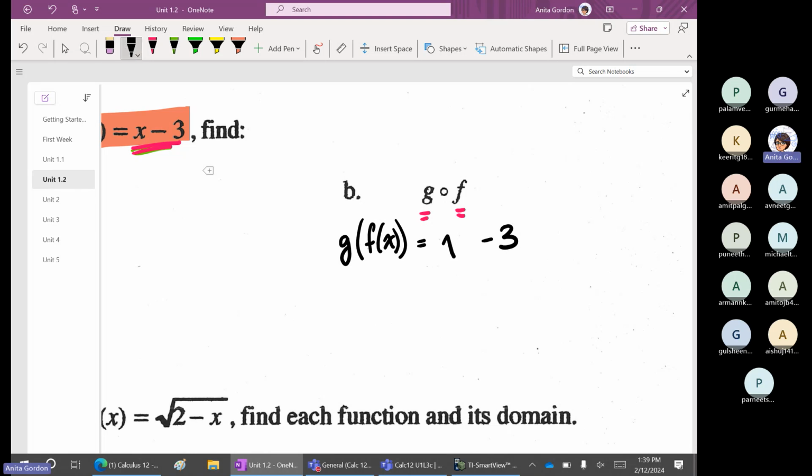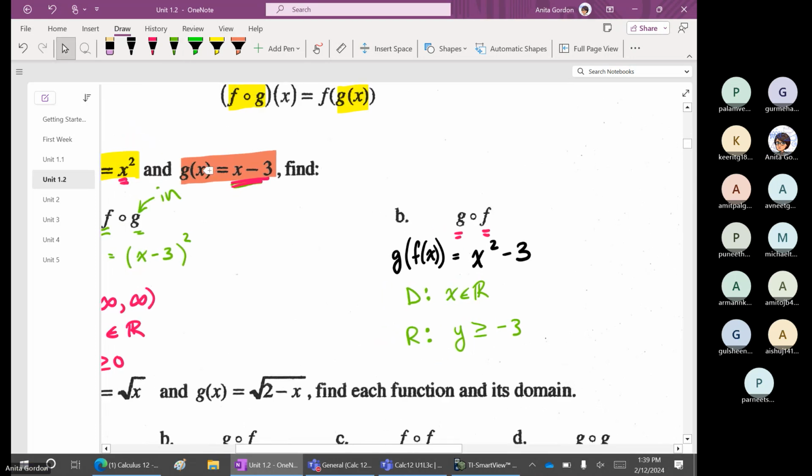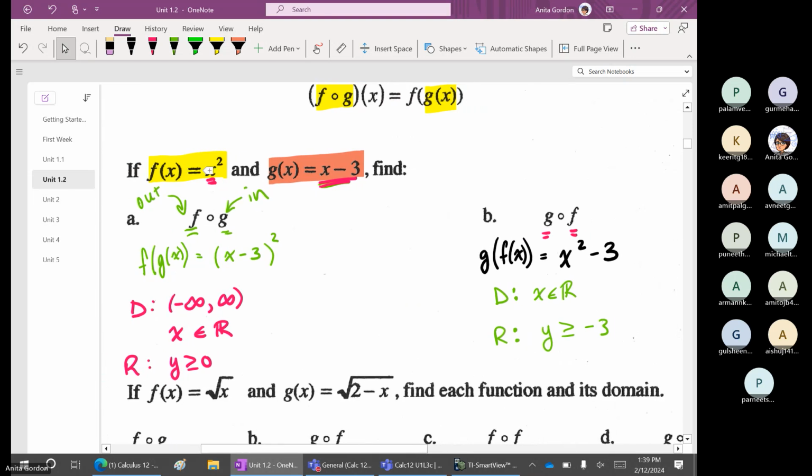So this is x squared minus 3. Okay, what's my domain? All reals. What's my range? Y is greater than negative 3. Right? Simple enough of an idea?